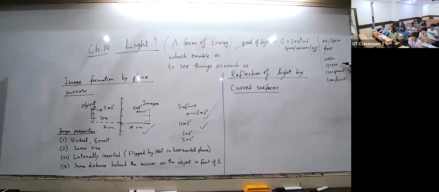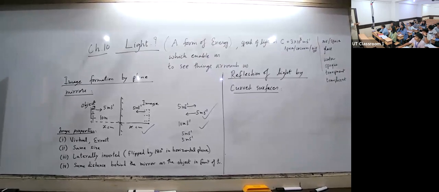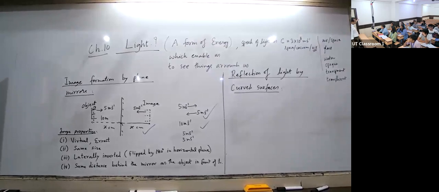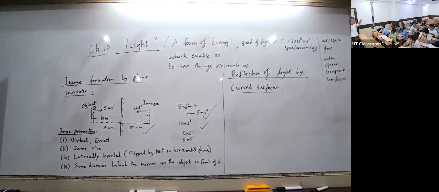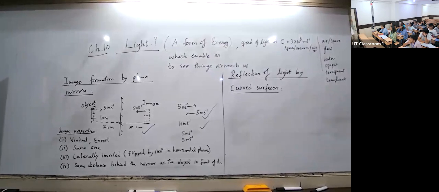So who will tell me the difference between opaque, transparent, and translucent with examples? Opaque is this wall. If you can't see anything behind the wall, that means it is opaque. No light is passing through it. You can only see things when reflected light is reaching you.